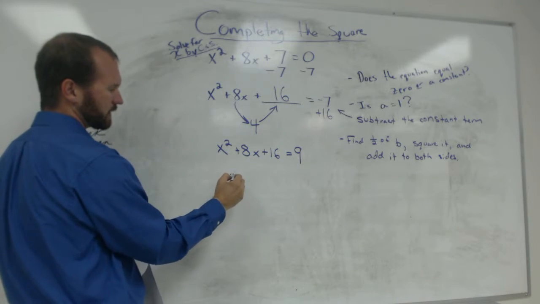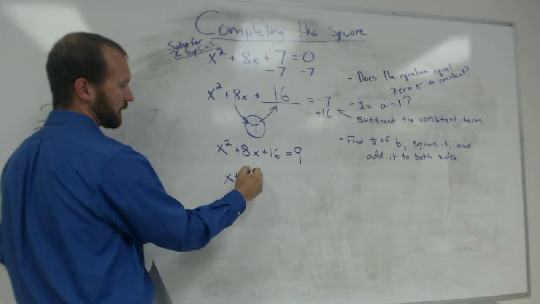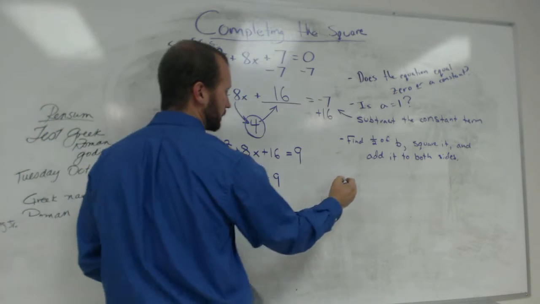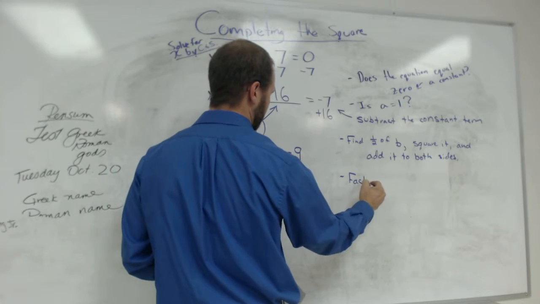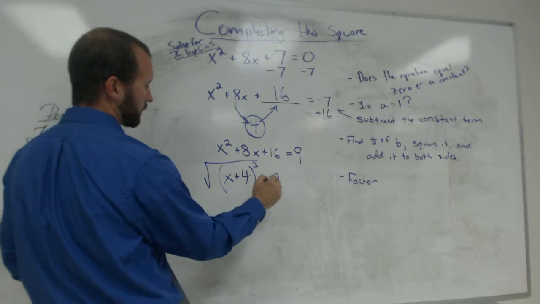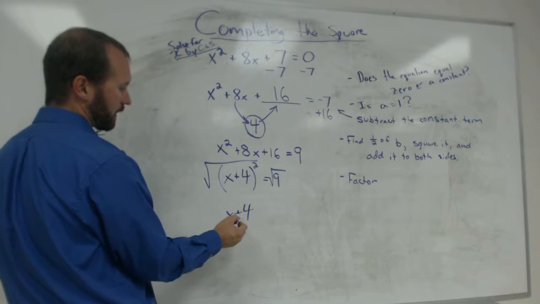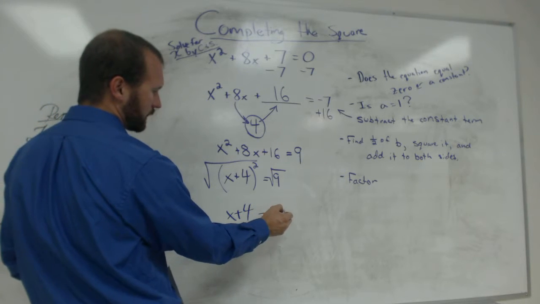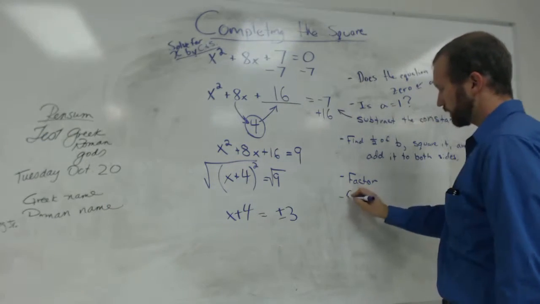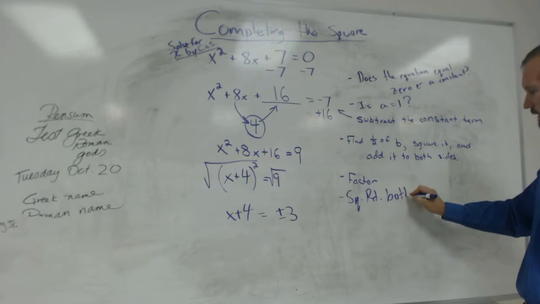Next step is to factor x plus, and I know that my second term in my factor is going to be that. X plus 4 squared equals 9. Next step is to solve for x. I take the square root of both sides. Over here I have x plus 4. Over here I have plus or minus 3. Square root both sides.